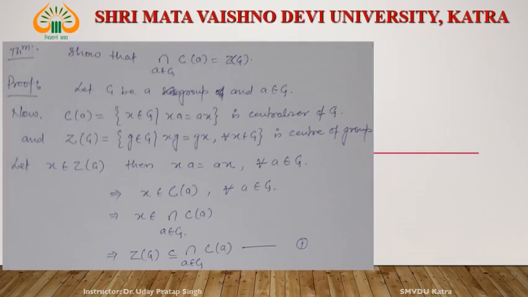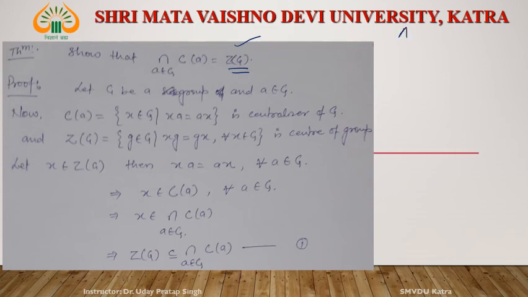What is the relation between the center of a group and the centralizer of an element? If we evaluate the centralizer of all elements of the group and take the intersection of the centralizers of all elements, then we find ZG. See how we prove it.